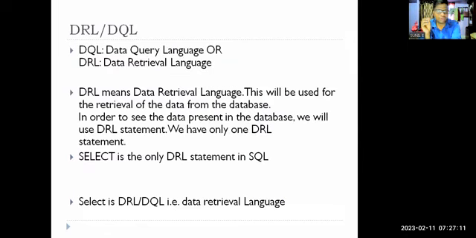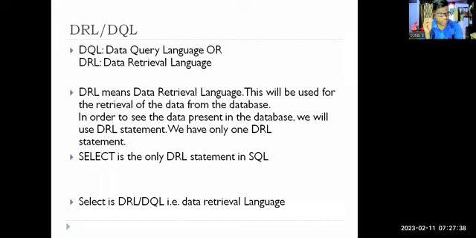Okay, so DRL versus DQL. DRL means data retrieval language, and DQL means data query language. Both are the same; data query language and data retrieval language are the same. DRL is used for retrieval of data from the database.